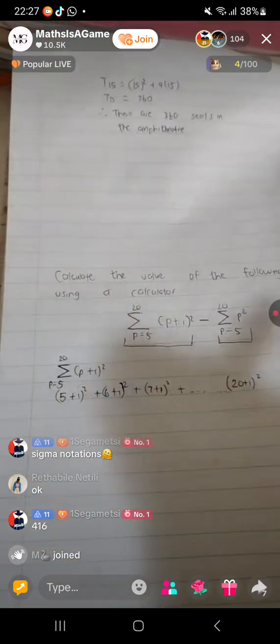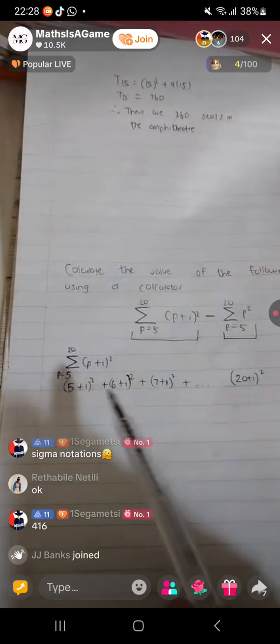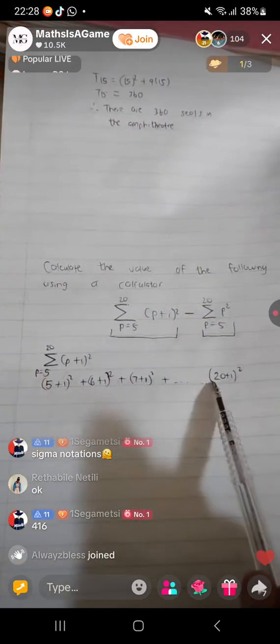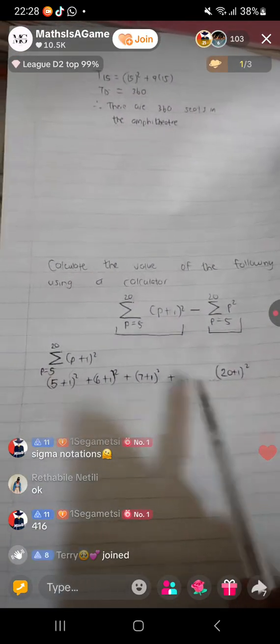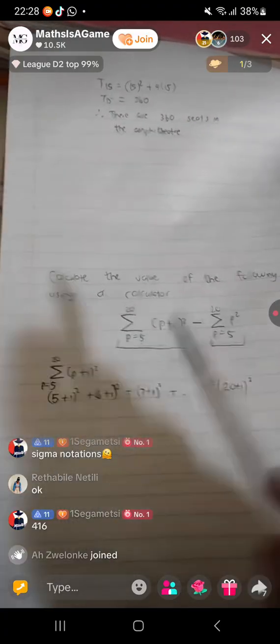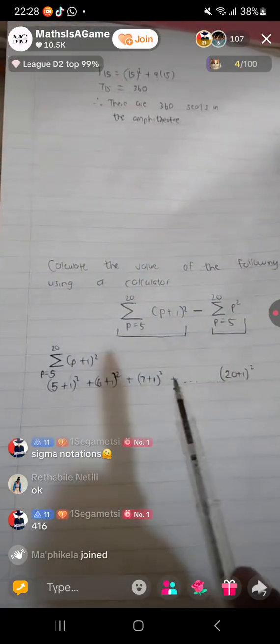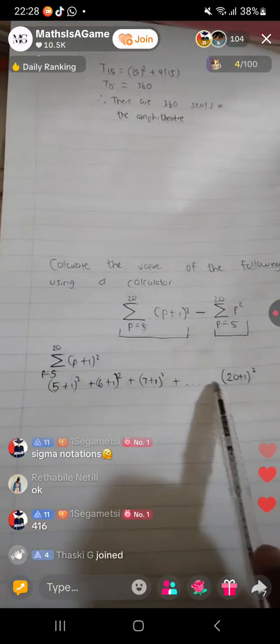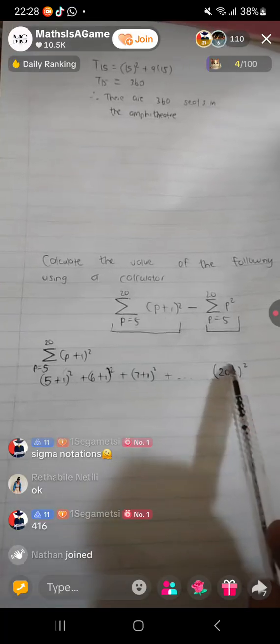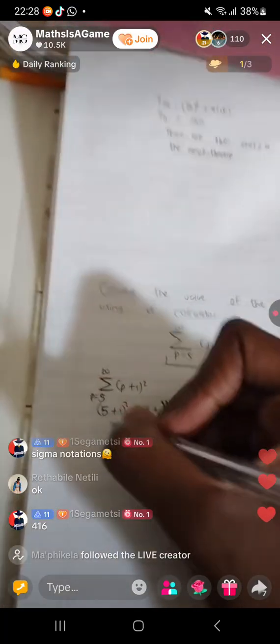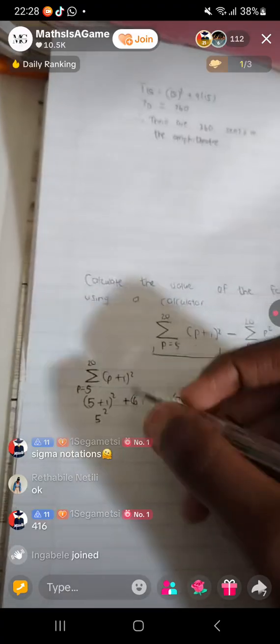So that's just something to note there: for the first 3 terms we can see that it will continue up until 20 plus 1 squared.